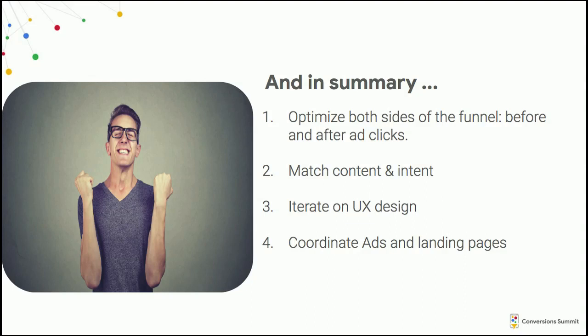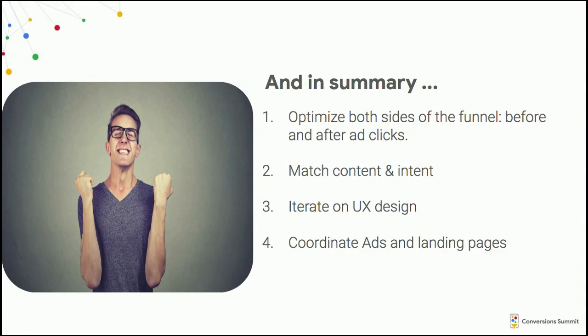Okay, so I'm done, and you can be happy about that. So in summary, there are two sides, right? Don't neglect the side that's after the click. You really need to focus on that, which I suspect most of you are doing. Match the content with the intent. There are just a lot of opportunities there. Make sure your tools are deeply connected so you can do these things really quickly.